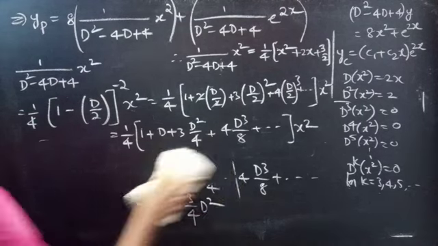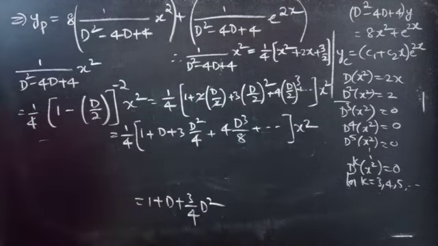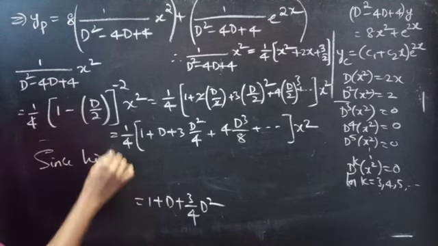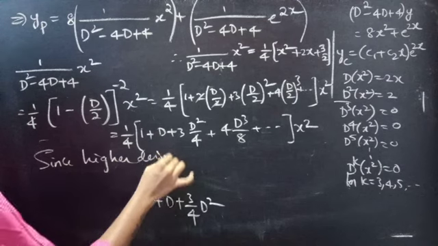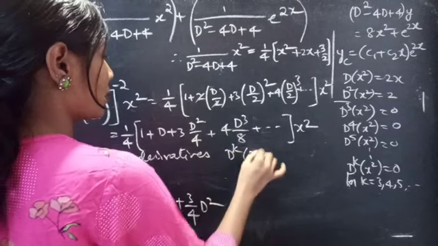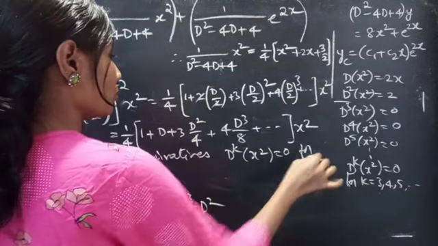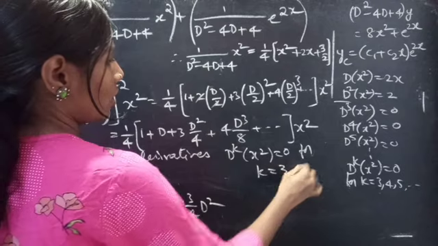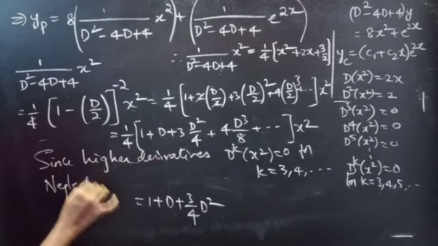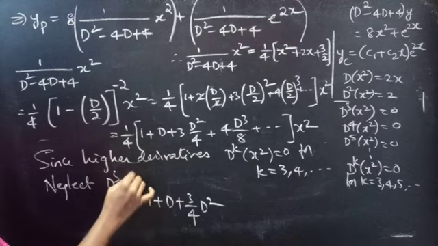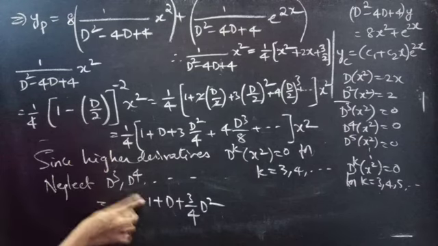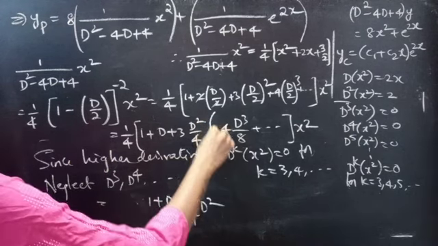Since higher derivatives, d power k of x square equals 0 for k equals 3, 4 and so on. So neglect d cube, d power 4 and so on. Right? Then we are going to neglect all the terms from here.